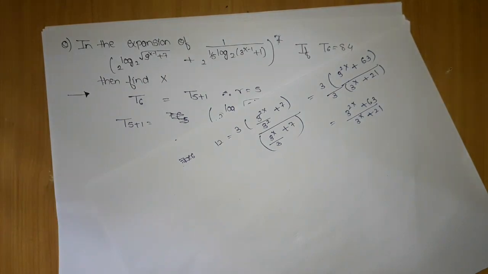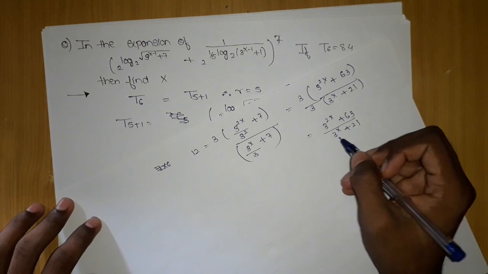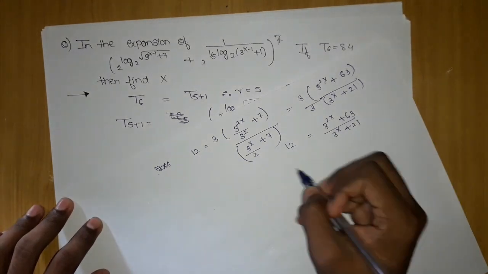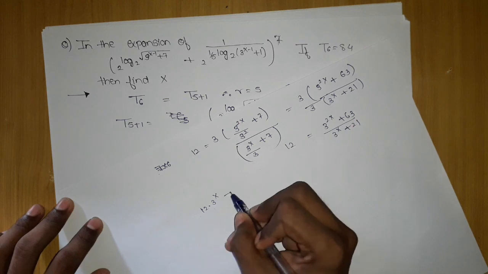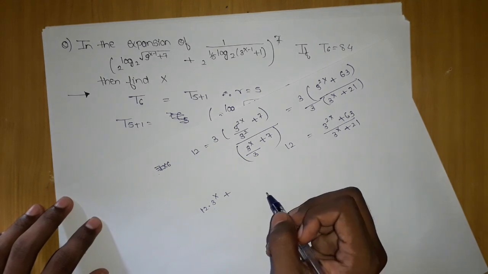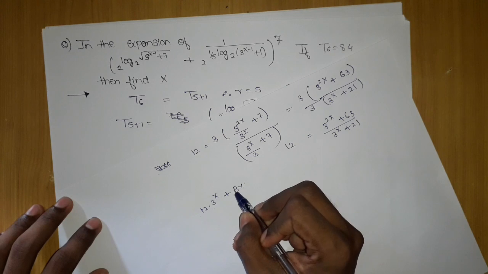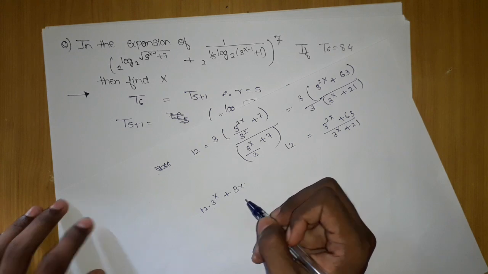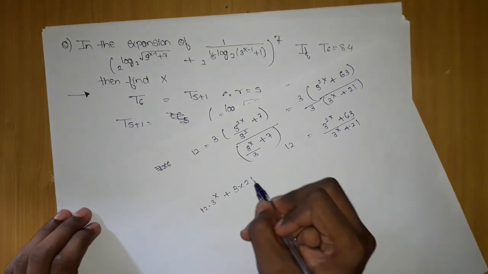So here we are left with this thing. Now here 12 was there, we will cross multiply it. So 12 times 3 power x plus, if you multiply 21 by this, 12 into 21, let's see what we are getting.